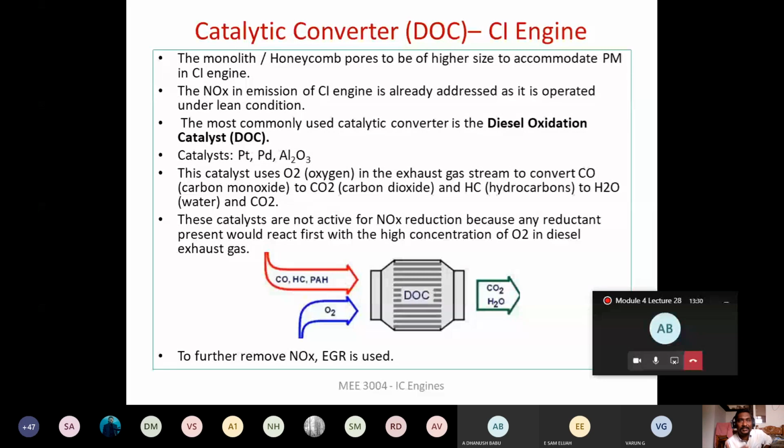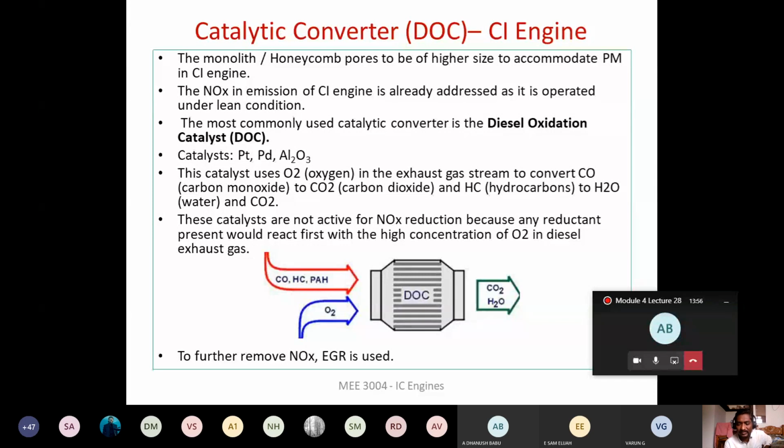The earlier technology we know is based on the fact that NOx is formed only because of the high temperature in the combustion process. So if you bring down the combustion temperature, the formation of NOx can be prevented. In the previous session we have seen that to reduce NOx, we were using the exhaust gas recirculation system, EGR.